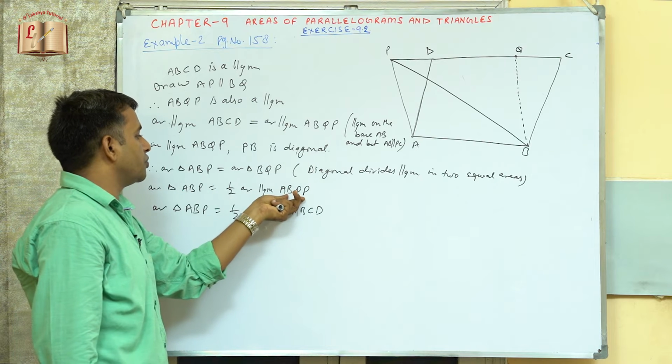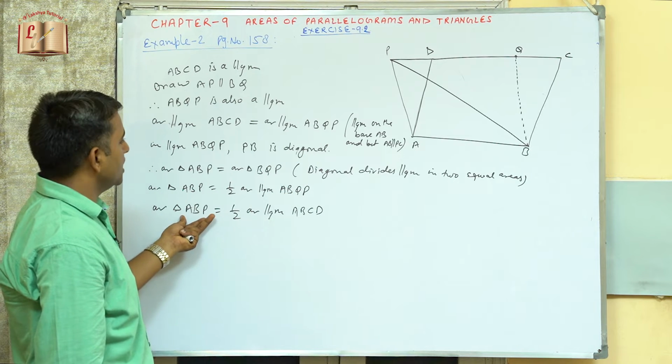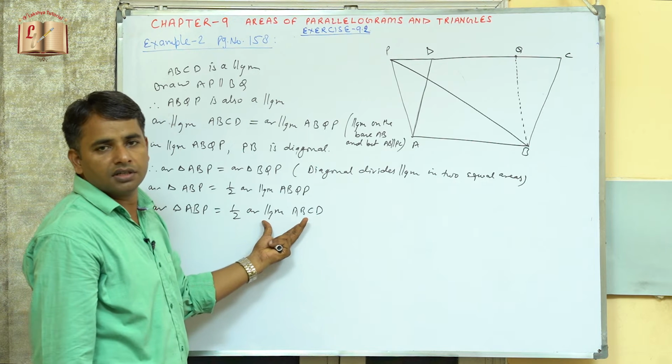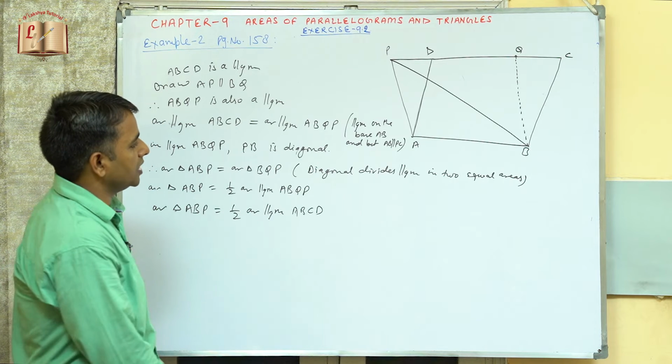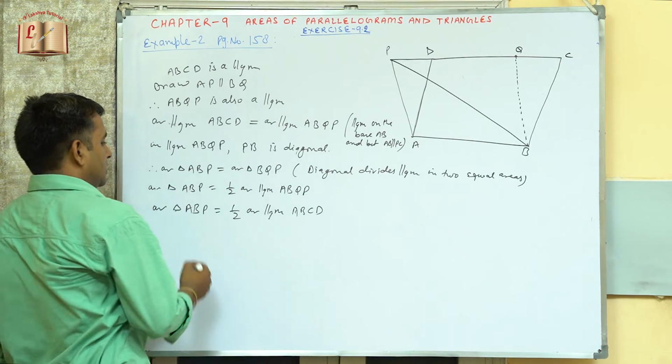So instead of ABQP, we can also write ABCD. Now we have proved that the area of this triangle ABP is equal to half of the area of the parallelogram, because they are on the same base AB and between the parallels AB and PC.